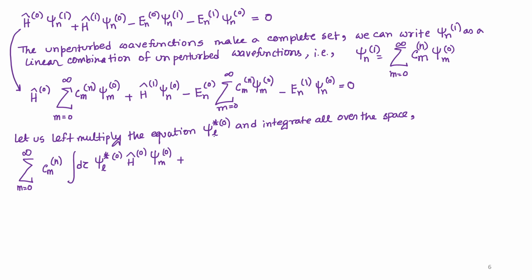As we have not multiplied with psi_n zeroth, we will have some conditions to play with. If we had multiplied with psi_n zeroth, then again we would have gone to the same thing, the correction to the energy term. I will show you why we took l here, not n. I'll just ask you to wait a few minutes.